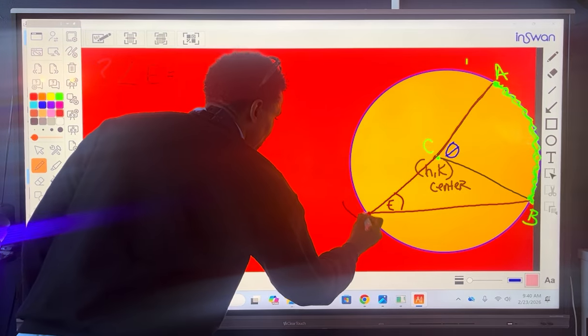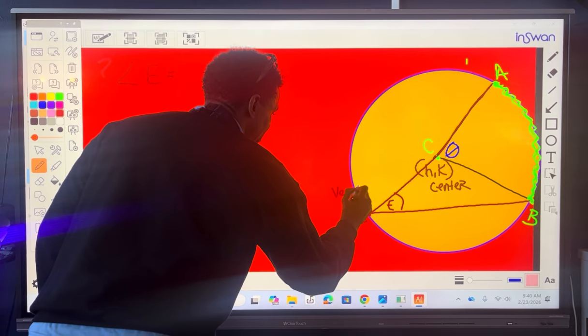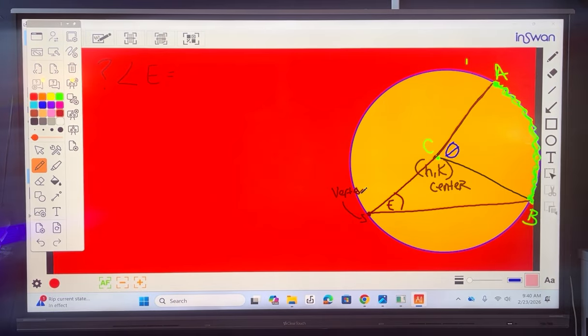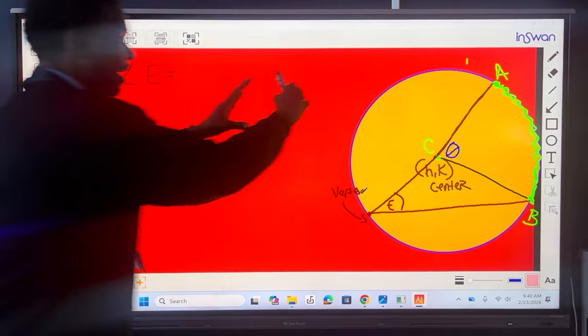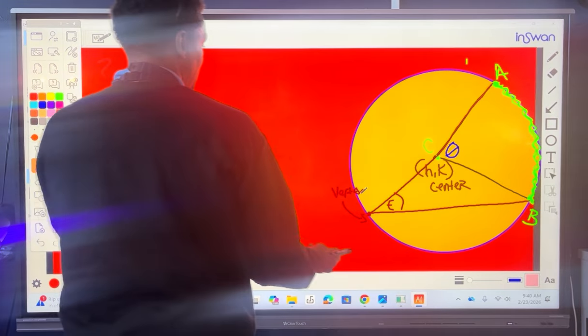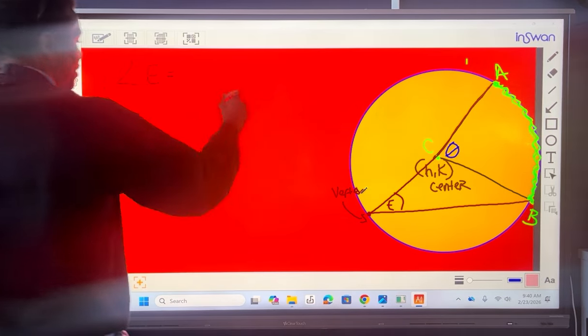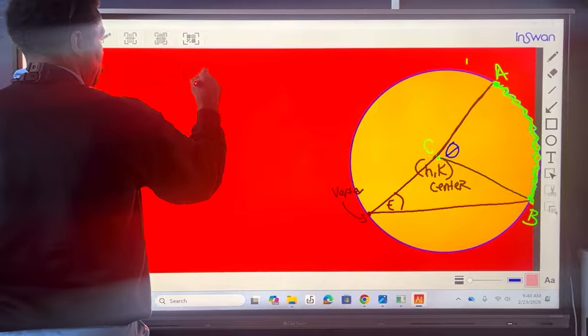If you look, this is the vertex. Anything inside a circle, if the vertex is on the circle, and we should have our notes, angle E is what we call an inscribed angle.